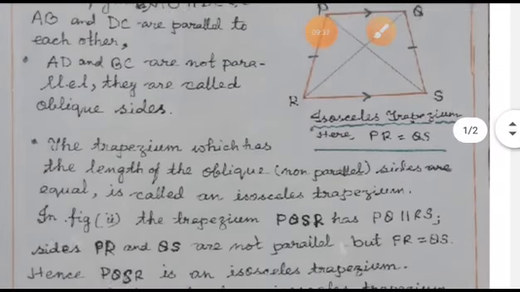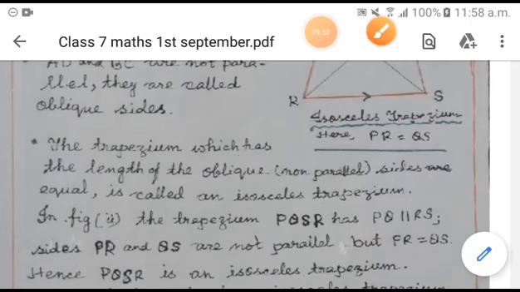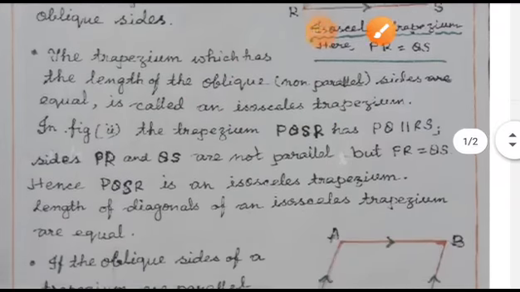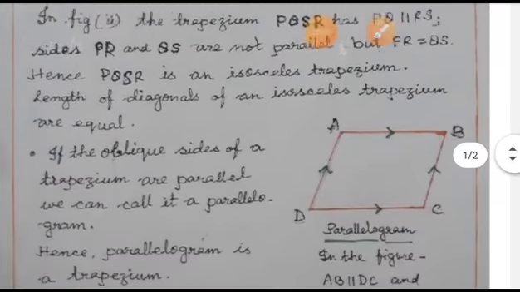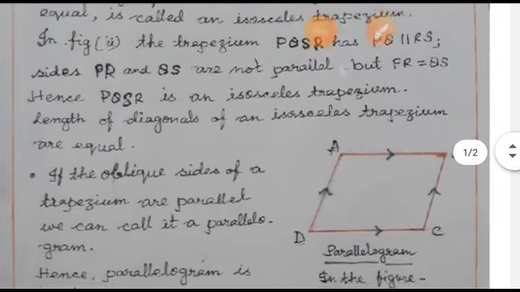Such a trapezium whose non-parallel sides are of equal length is called an isosceles trapezium. Keep in mind that a trapezium whose non-parallel sides are equal in length is called an isosceles trapezium, right? Here you can see that the description has been written.